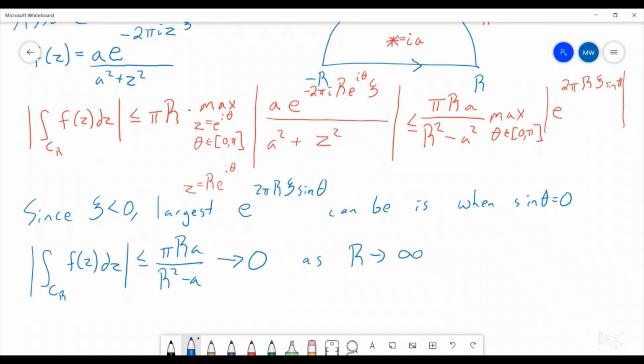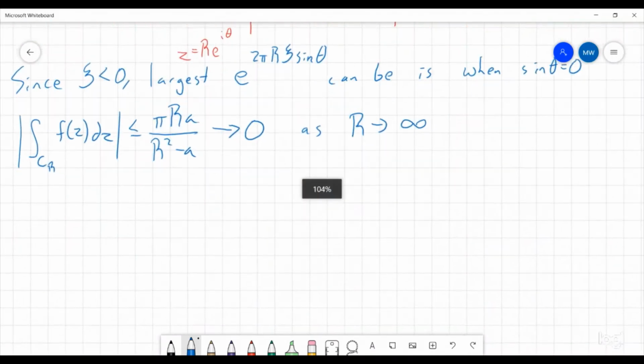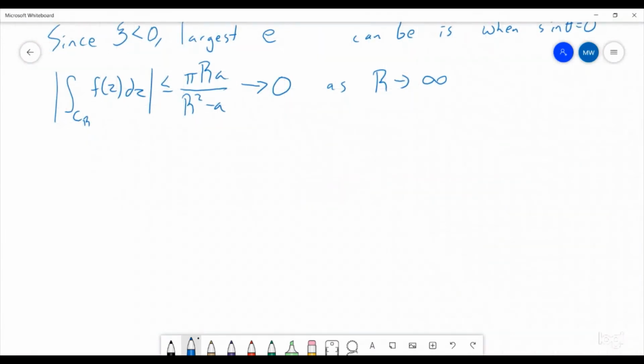So as we get a bigger and bigger thing, this is going to 0. So that means what we are left with is the integral that we want, the integral from negative infinity to infinity of a over a squared plus z squared times e to the negative 2 pi i z c.